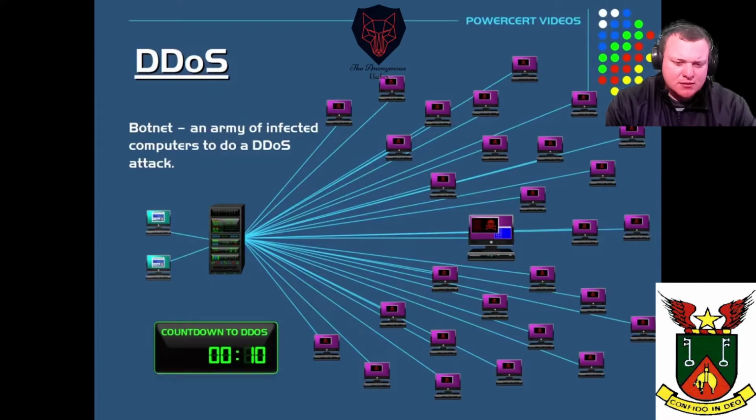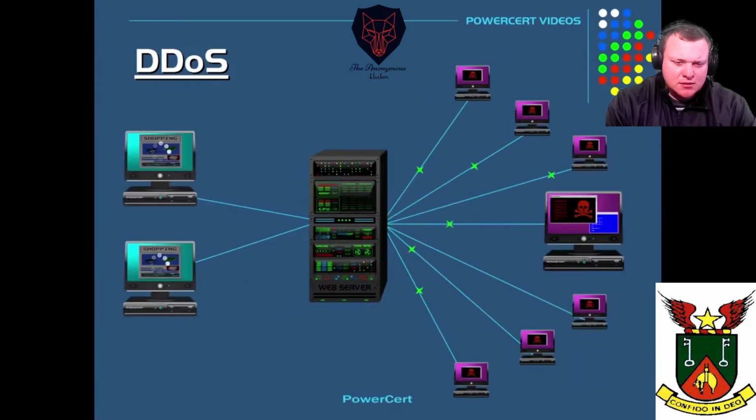And then the attacker can send out commands to all these computers and to tell them to attack at a certain date and time. And then once that set time is reached, the attack begins. Now a DDoS attack can last for hours or even days. It just depends on the attacker's intent.